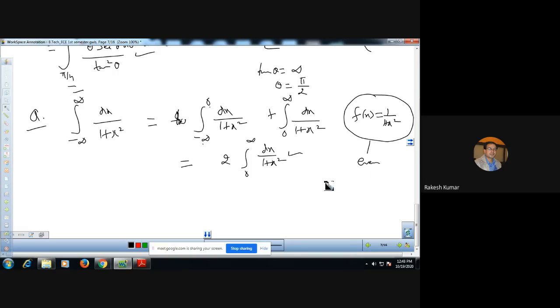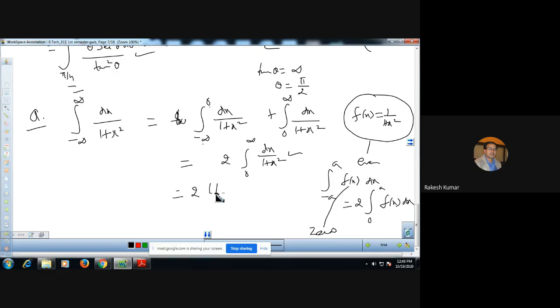If you remember, the rule was like this: integral from minus a to a of f of x dx is 2 times integral 0 to a of f of x dx when the function is even. But when the function is odd, its value will be 0.